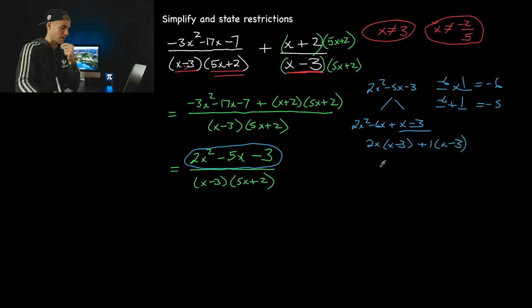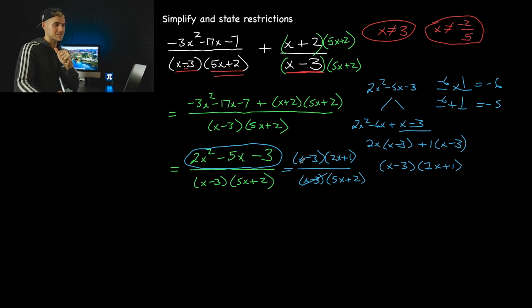So we would have x minus 3, 2x plus 1. And notice what happened: this factored into x minus 3, 2x plus 1, over x minus 3, 5x plus 2.